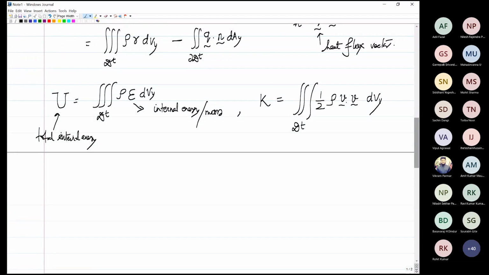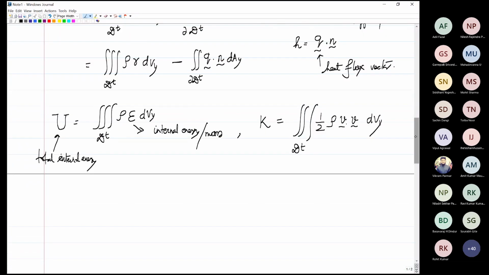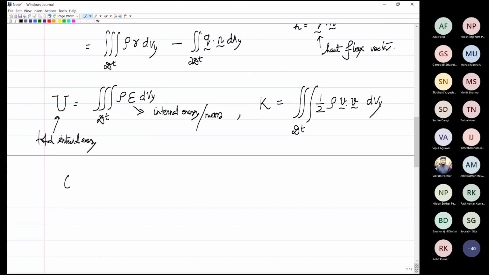So let's now put them in the first law. I'll just write it again. Q dot plus W dot is equal to U dot plus K dot.